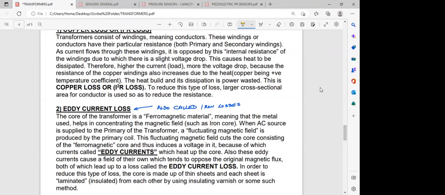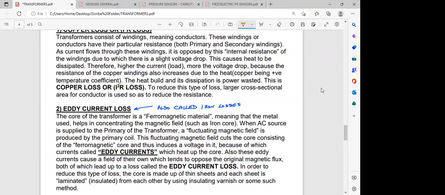When voltage is induced into something, a current is going to flow. Exactly as I said, when you leave your secondary open, current is not going to flow in the secondary, so no back EMF is induced into your primary.